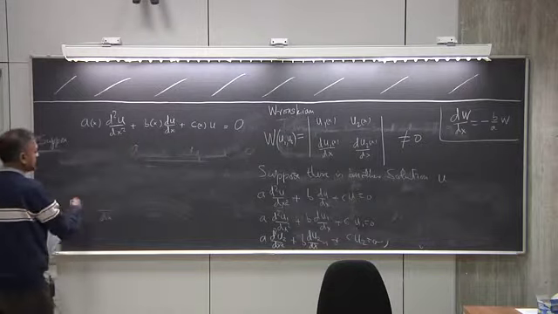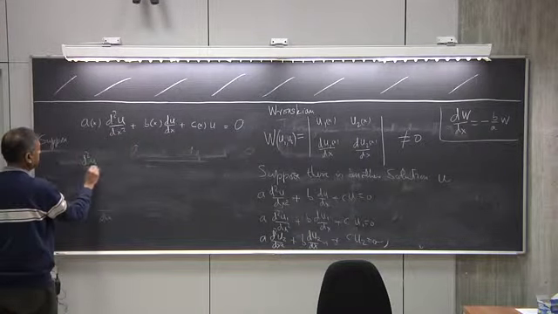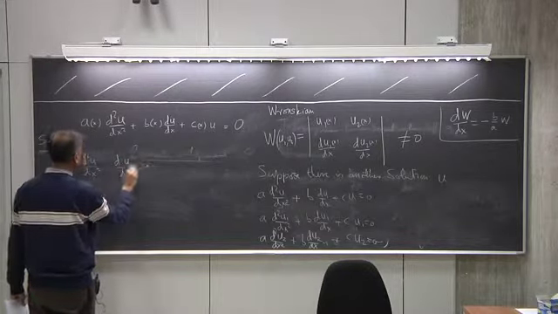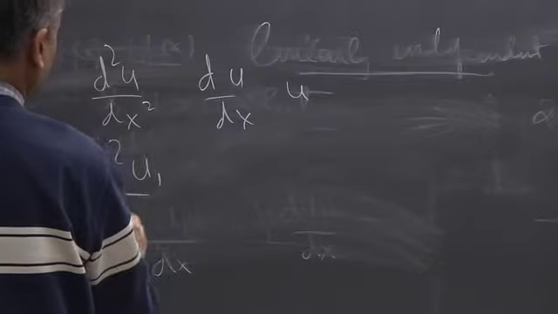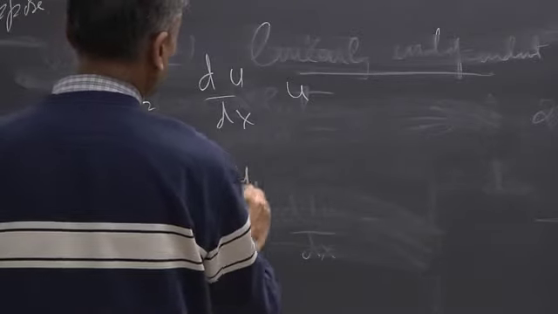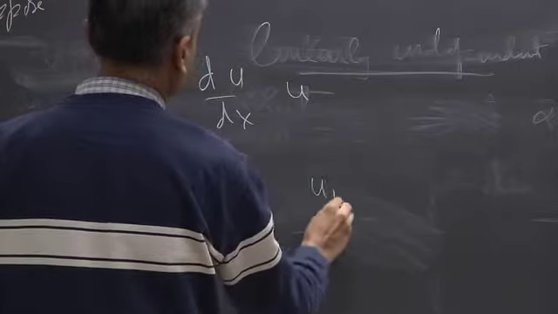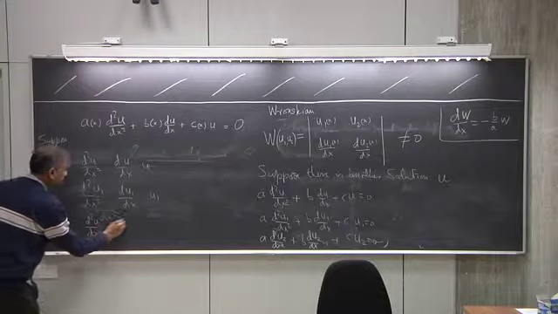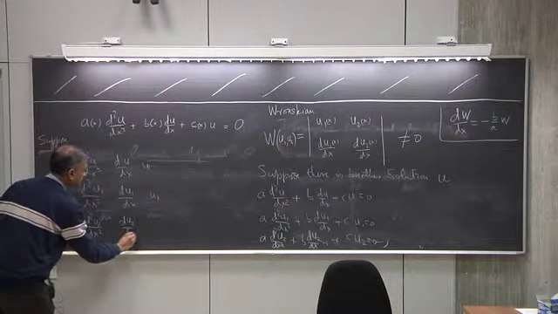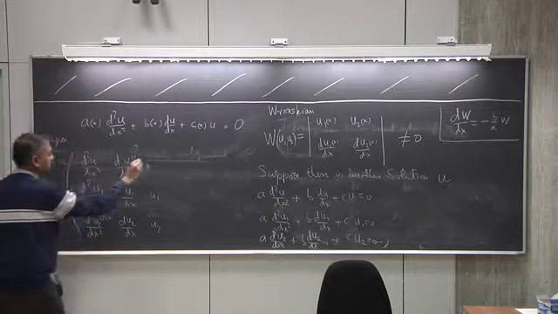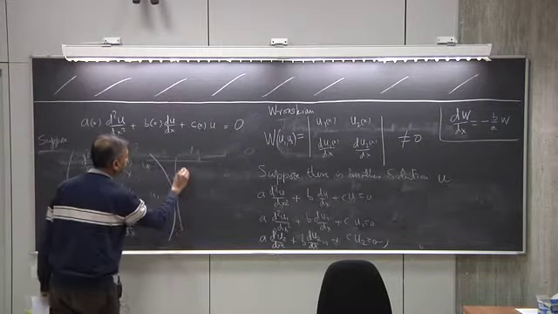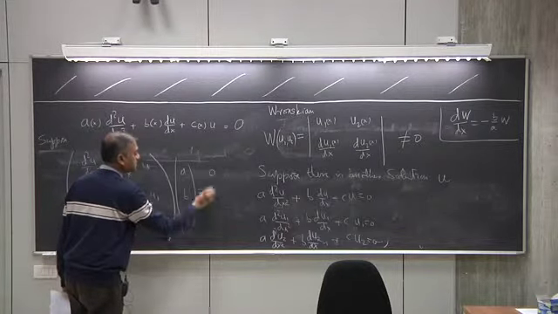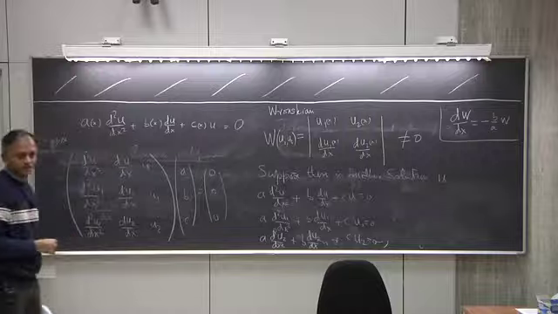So if you write it in the matrix language, it's simply d2u by dx2, du by dx, u; d2u1 by dx2, du1 by dx, u1; and d2u2 by dx2, du2 by dx, u2. This 3 by 3 matrix multiplying a, b, and c is equal to 0, 0, 0, right? These 3 equations I can write in the matrix language like that.